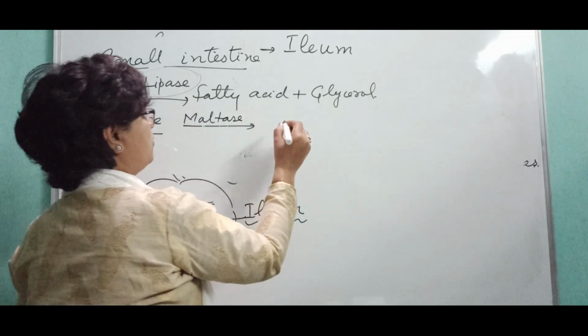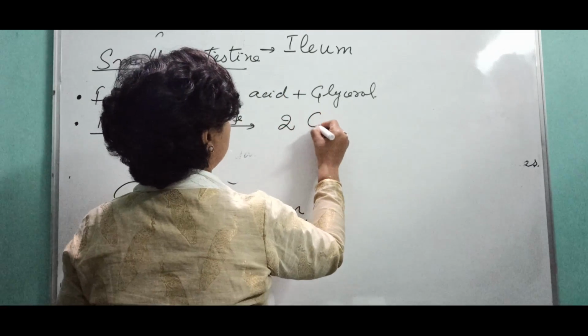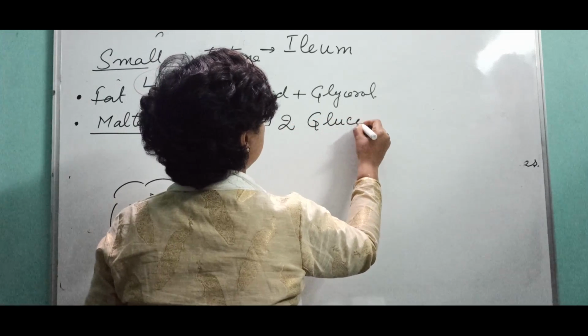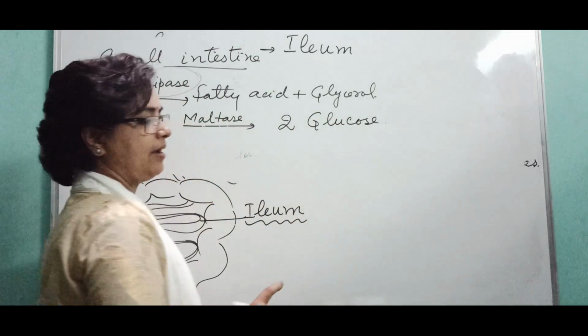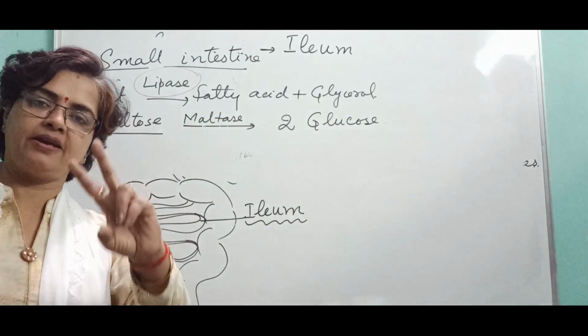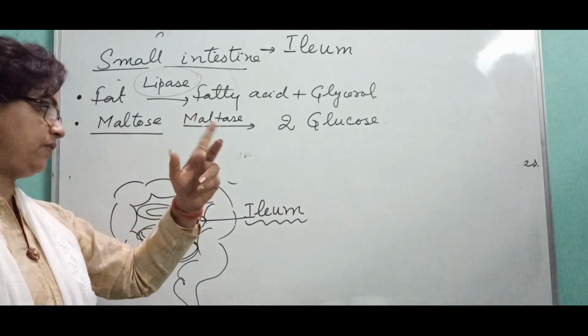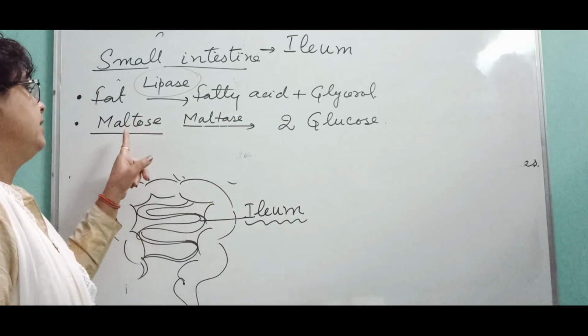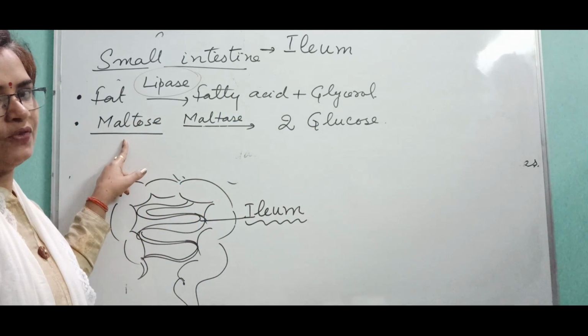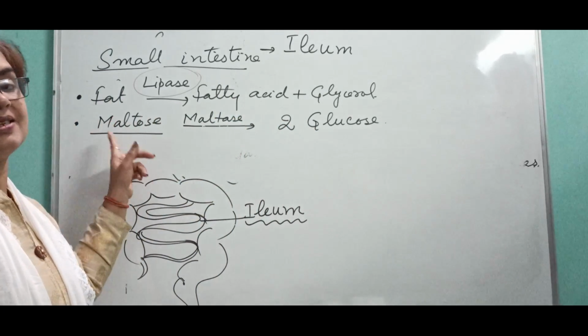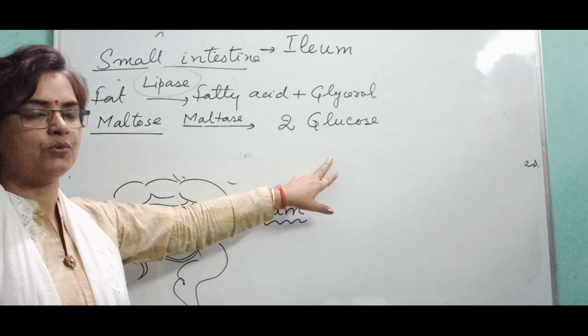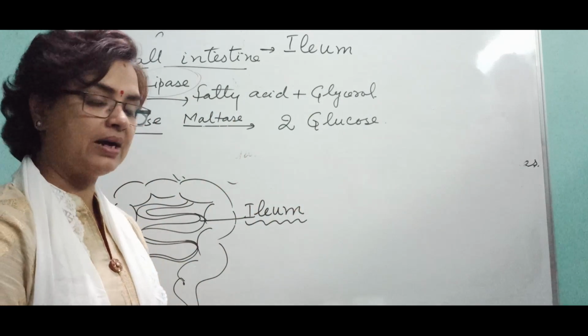This maltose is converted into two molecules of glucose. Glucose is a monosaccharide. When two monosaccharide molecules, glucose plus glucose, are condensed, one molecule of maltose is formed. So when we digest maltose, two molecules of glucose are formed. The name of the enzyme is maltase.